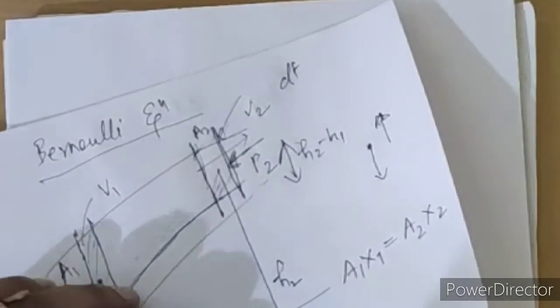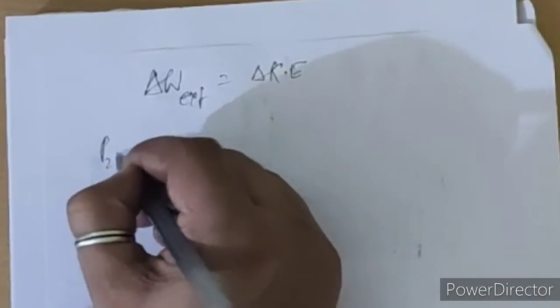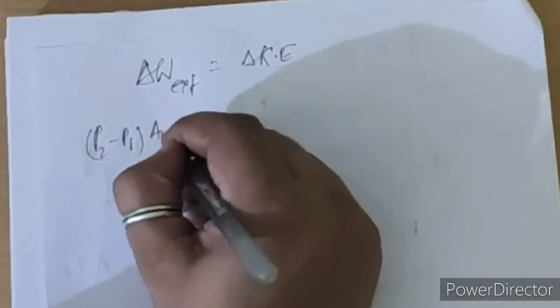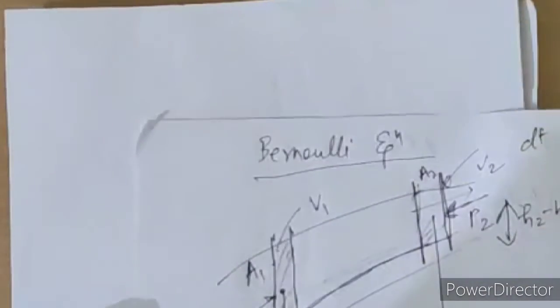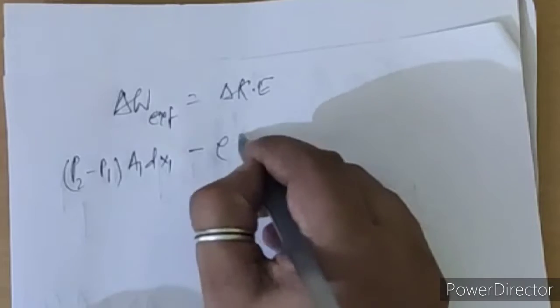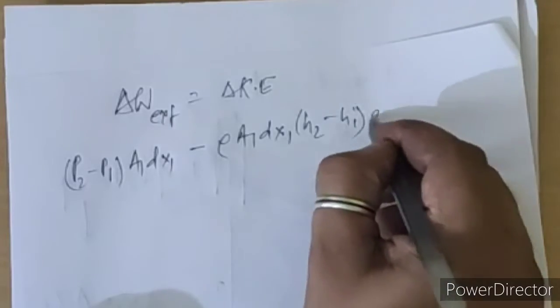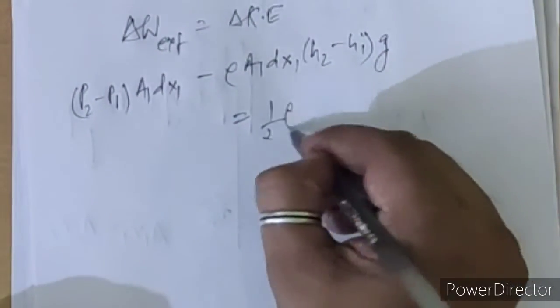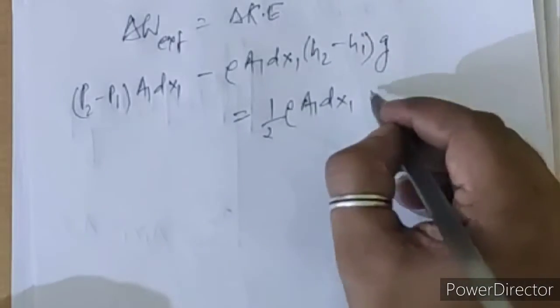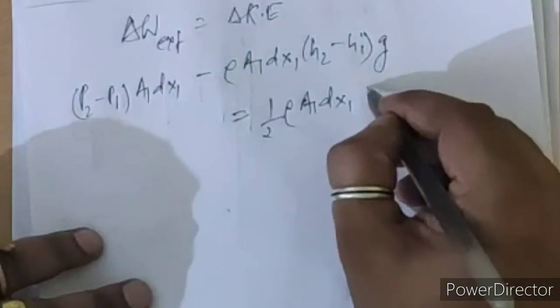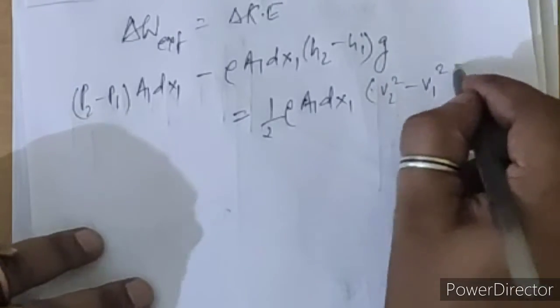This portion is (p2 minus p1) A1 dx1 and rho A1 dx1 (h2 minus h1) times g, and change in kinetic energy is half rho A1 dx1 (v2 squared minus v1 squared). Now the A1 dx1 portion cancels out from everywhere.